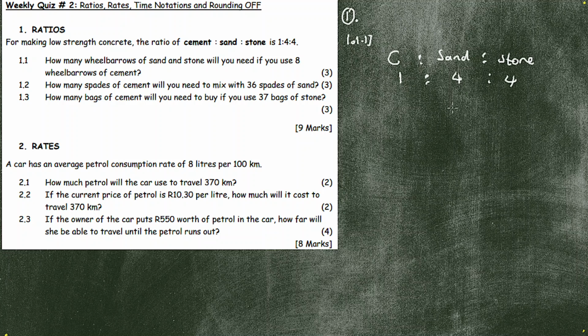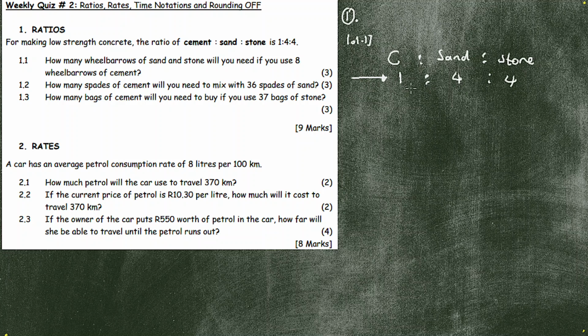The ratio reads as, for every 1 part of cement, you need 4 parts of sand and stone. So if you have 1 somewhere in the ratio, the calculation becomes easier if the given quantity is under the 1.